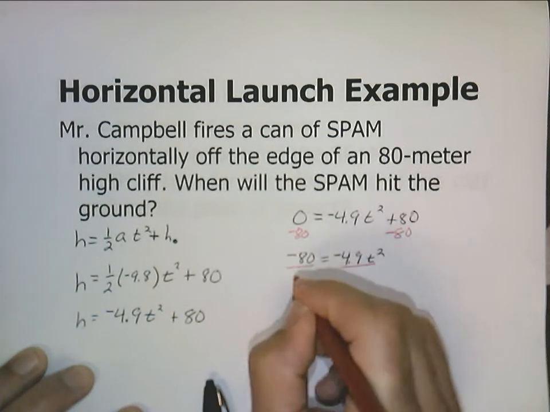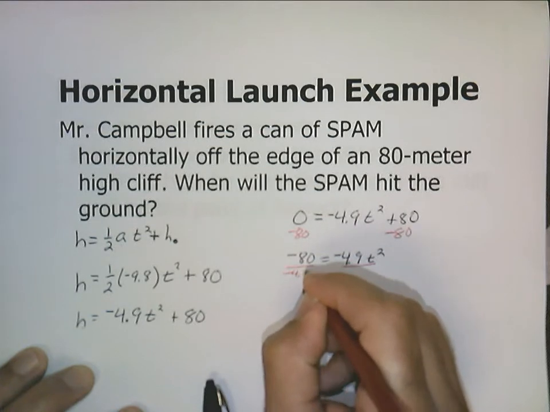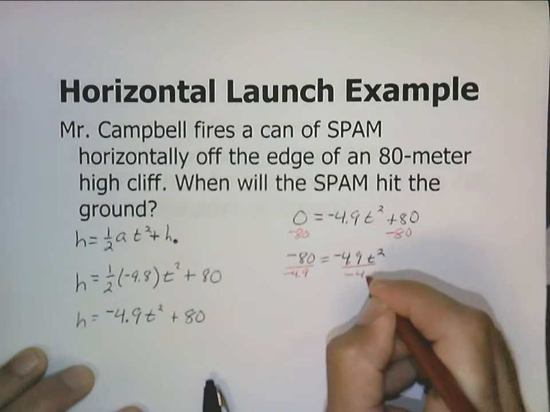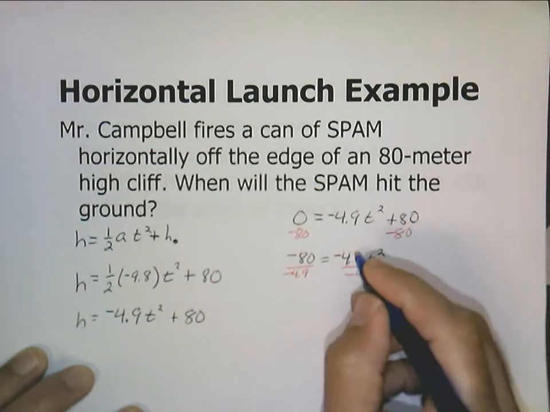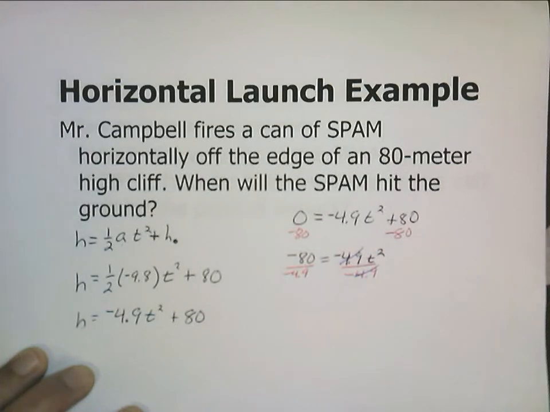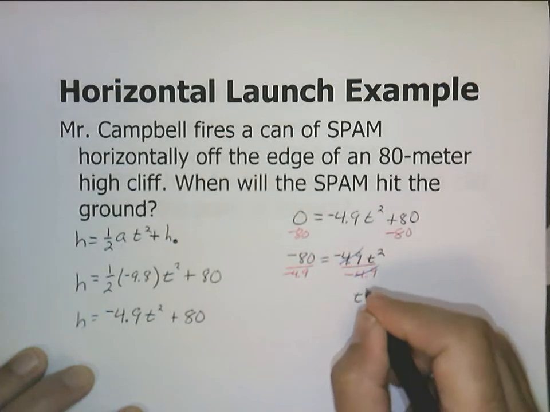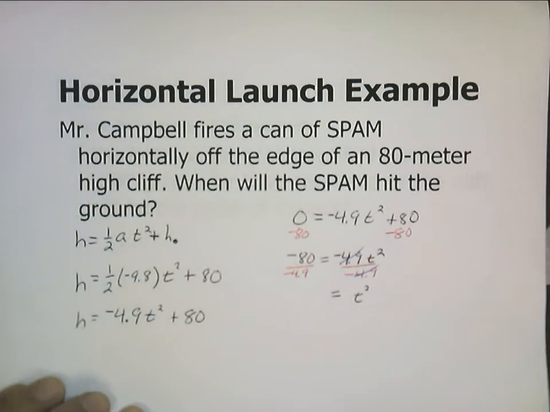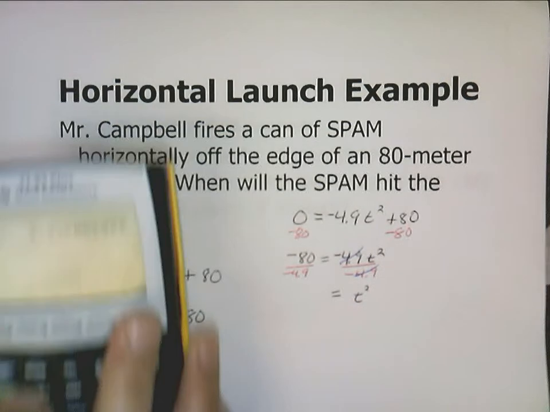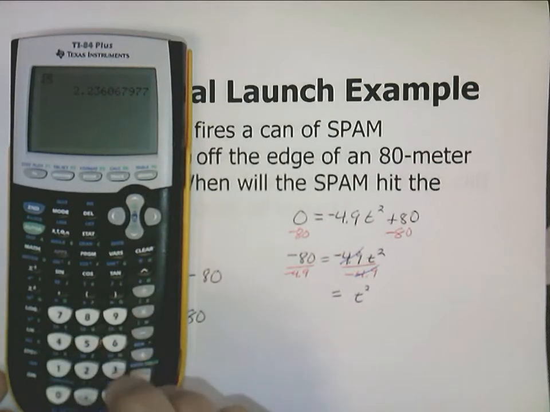And we're going to divide both sides by the negative 4.9. So these factors are going to cancel out. And so t squared is going to be equal to, and now we're probably going to have to do an approximation here because I don't believe that 4.9 goes evenly into 80.